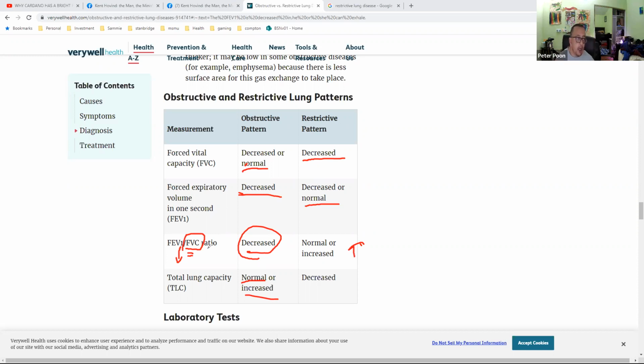Then the total lung capacity also goes down, because restrictive diseases damage lung compliance and stretchability, and that means your lungs can't store nearly as much air, but you have less problem forcing it out.